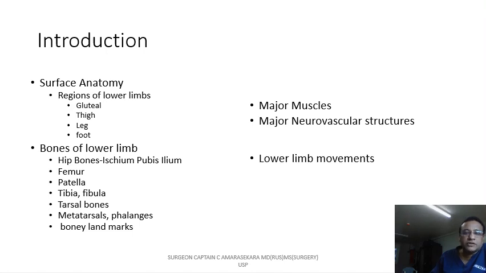Then we will study the hip bones, such as ischium, pubis, and ilium. Then patella, tibia, fibula, tarsal bones, metatarsal bones, phalanges, and also bony landmarks. In the next lecture, we will cover all the major muscles, major neurovascular structures, and lower limb movements.